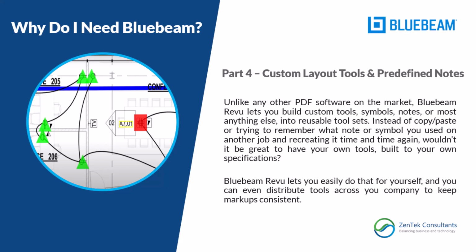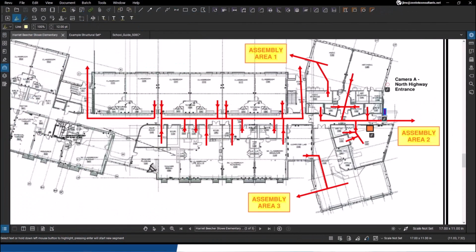Today I want to talk about custom layout tools and predefined notes. And what do we mean by that? So let me show you. I'm going to jump over here to Bluebeam Revu. I happen to have a floor plan open here, but it doesn't have to be a plan. We're going to show a little bit about dealing with basic, business-based documents as well.